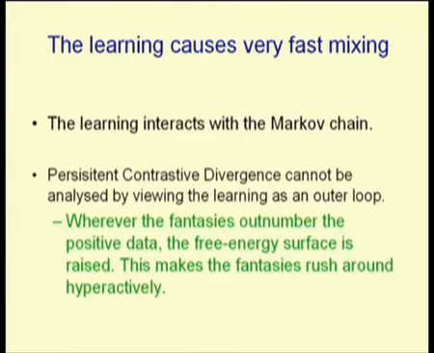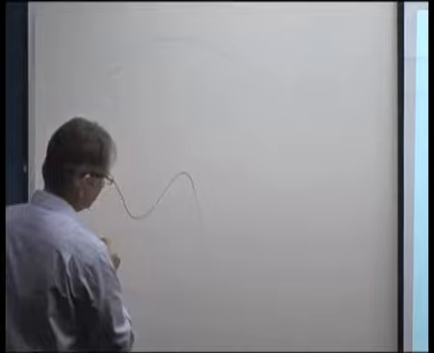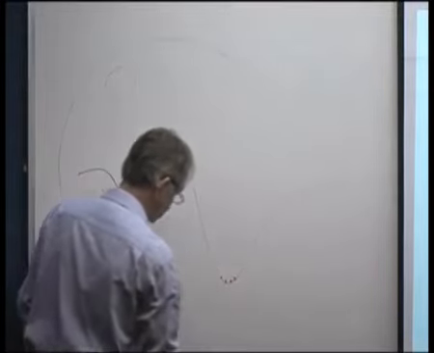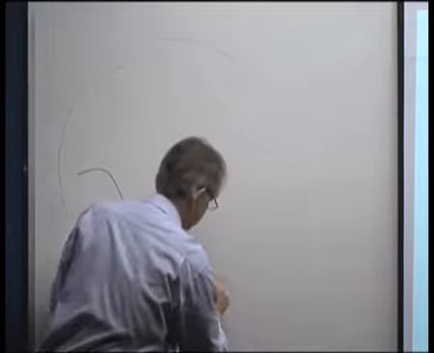And the reason the learning is helpful is, if you think about it, if you have an energy landscape that looks like this, suppose on that energy landscape I've got some fantasy particles, and my fantasy particles are sort of sitting here. I'll draw those in red for fantasy particles.